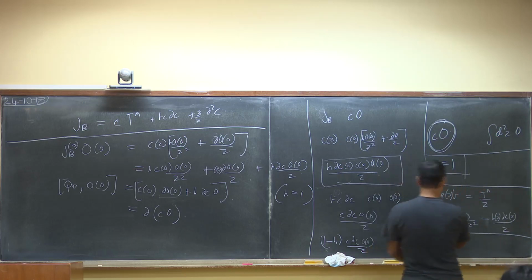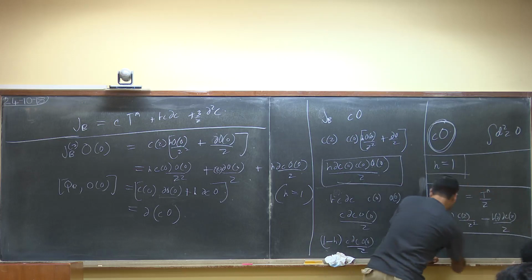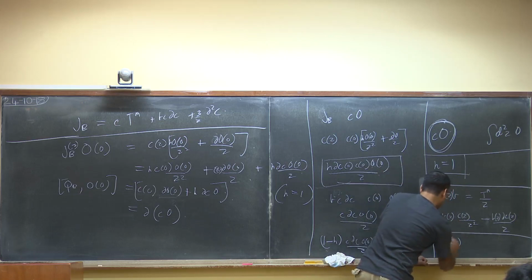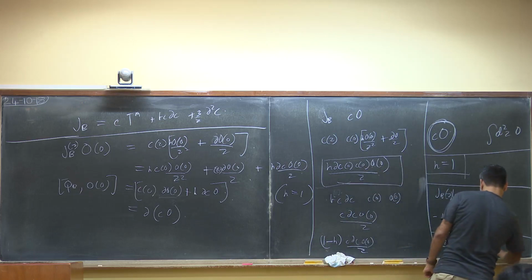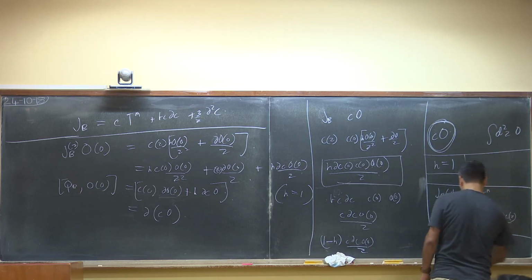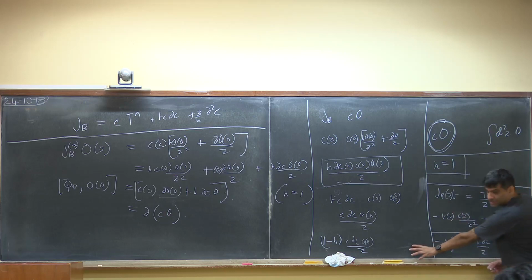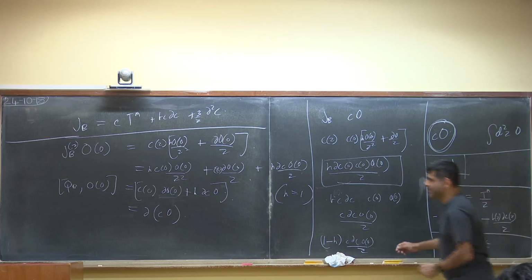Well, first let's expand this out. So this clearly is just del of BC. So it's minus del of BC by Z squared minus B del C by Z. So I'm expanding, and I'm just keeping the pole part. I'm ignoring the 1 by Z squared. Okay.